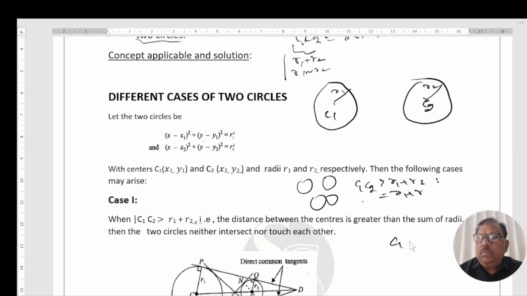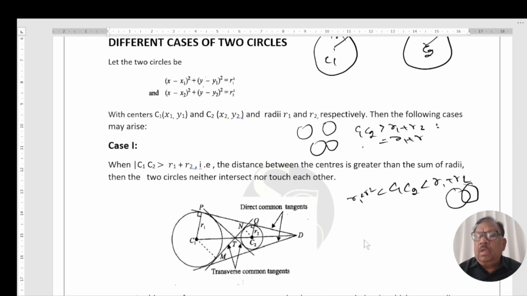If C1 C2 less than R1 plus R2 and greater than R1 minus R2, R1 difference R2, then it was touching externally earlier, now intersecting.